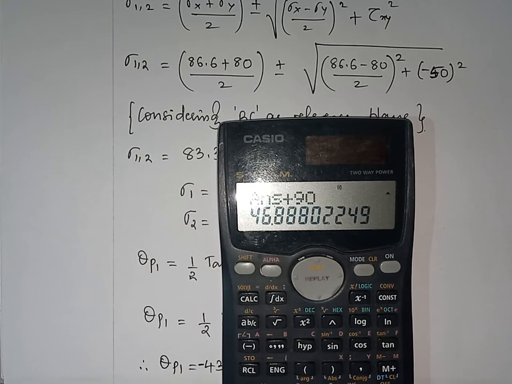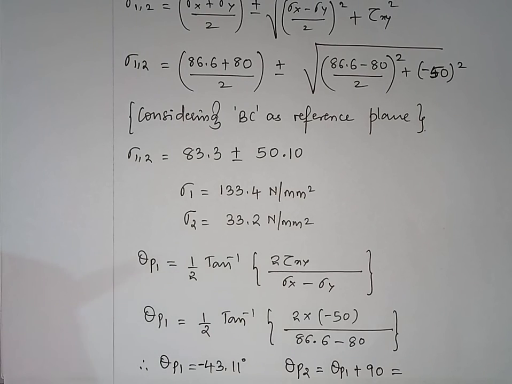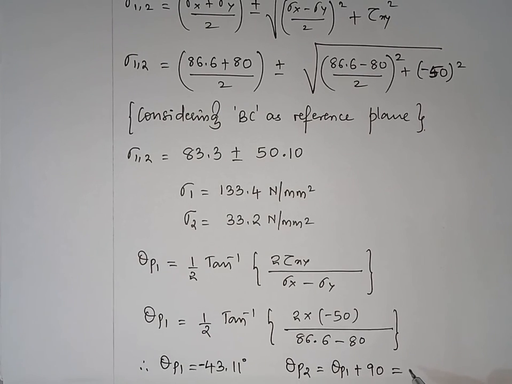I'll be getting 46.88 degrees, right? So this is positive. So this is the orientation of theta P1, that is the principal plane which is major, and this is for minor. So these are the locations or orientations of the principal planes.